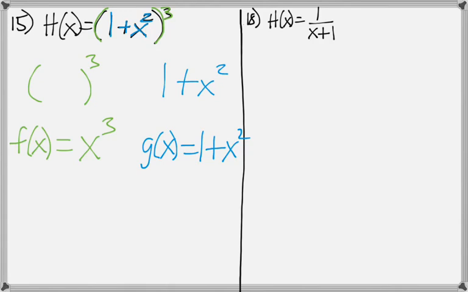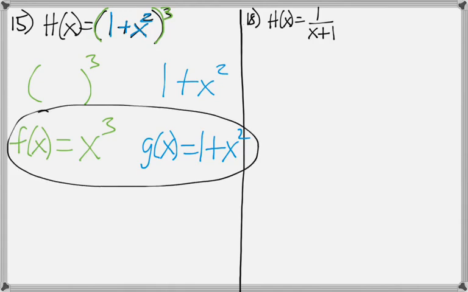Now it does say defining one function simply as x is not acceptable. So the reason why that is, so this is our answer, and there are multiple correct answers, so if you pick something else, you could still be right. One answer that's not acceptable is if you have one of our functions like this, and the other function like this.